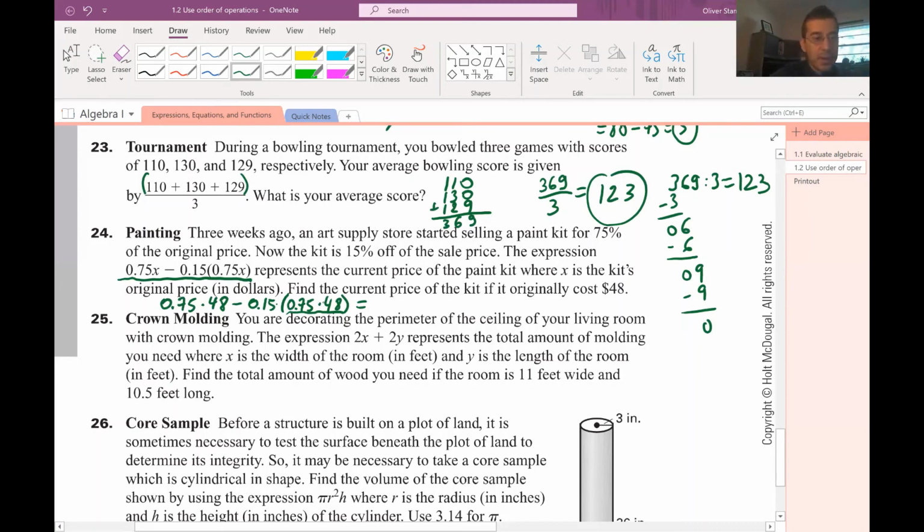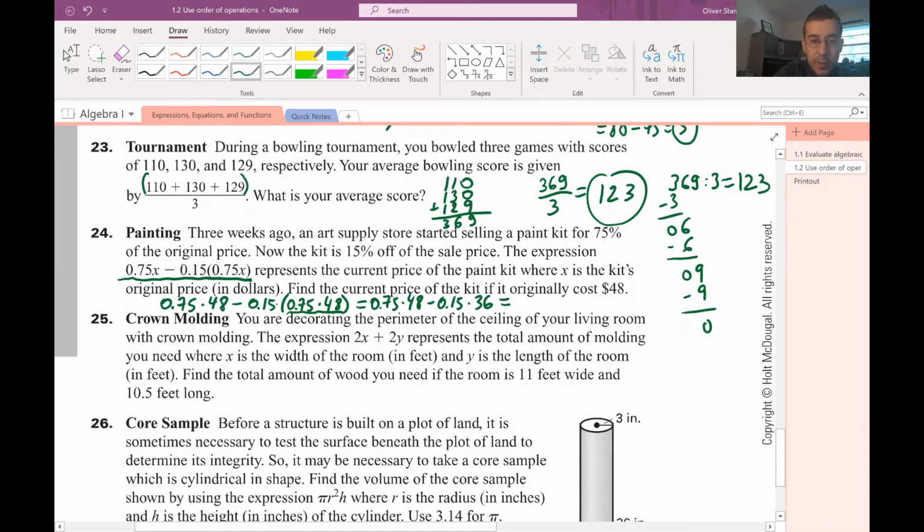I guess I can do it in the calculator, or you can do it by hand. So if I use the calculator, let's do 0.75 times 48, and I'm going to get 36. So this becomes 0.75 times 48 minus 0.15 times 36. What I got by plugging these two in my calculator.